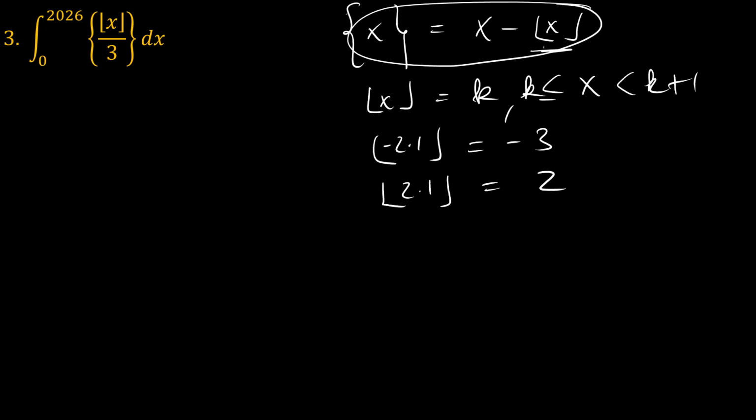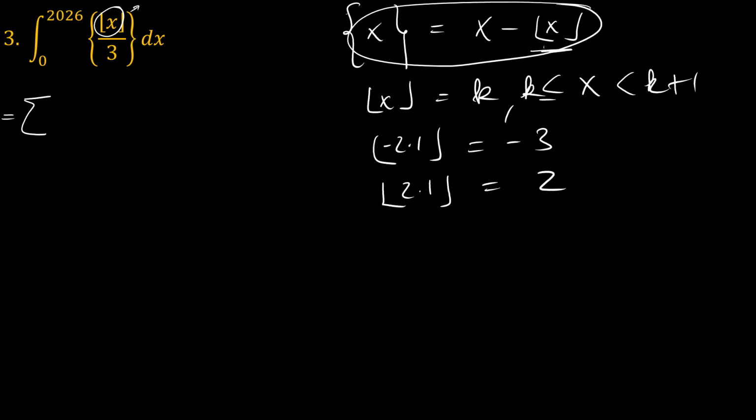Now we can discretize x: between 0 and 1 this becomes 0, between 1 and 2 this becomes 1.